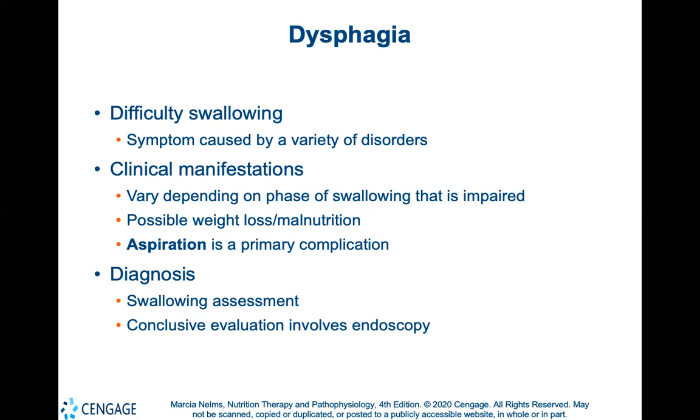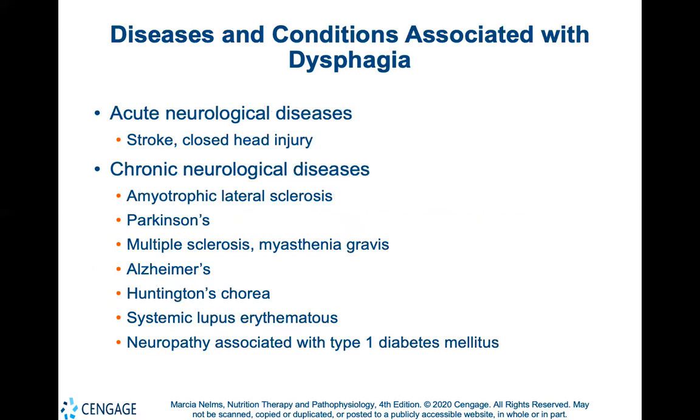Diagnosis of dysphagia begins with a clinical bedside evaluation and bedside swallowing assessment, usually performed by the speech language pathologist. Diseases and conditions associated with dysphagia include stroke, closed head injury, Parkinson's, Alzheimer's, Huntington's, and systemic lupus.